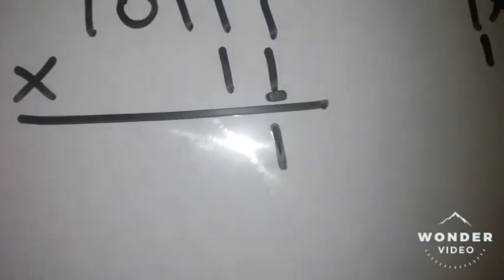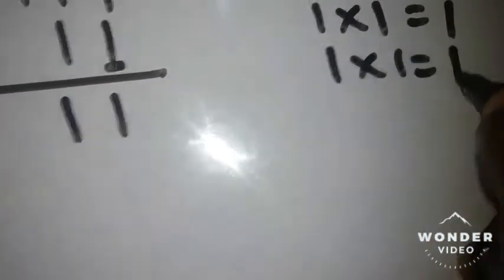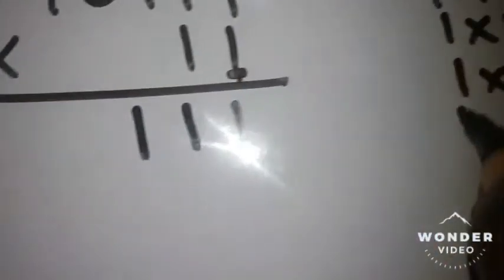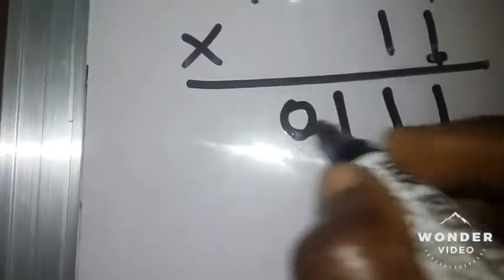So 1 times 1, again, is 1. 1 times the third 1 is equal to 1, write it. 1 times 0 is 0. You put 0. 1 times 1 is equal to 1.